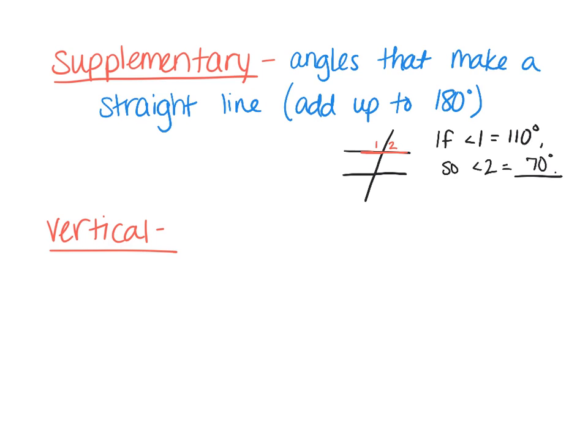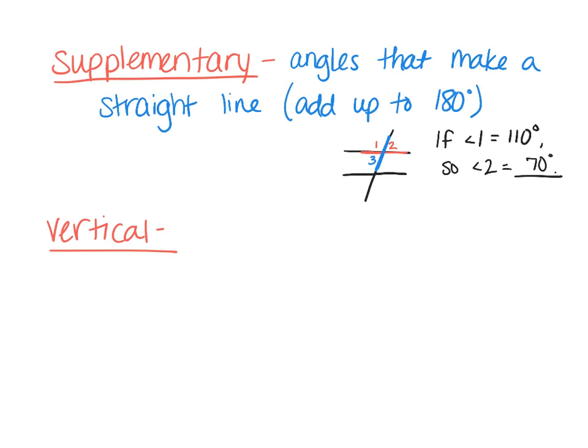And I could do the same thing if I put in an angle 3 right here. 1 and 3 also make a straight line, you see right there that I'm highlighting in blue. So angle 3 would also be 70. It works like this all the way around the diagram.